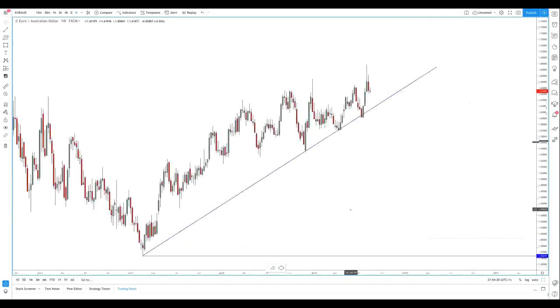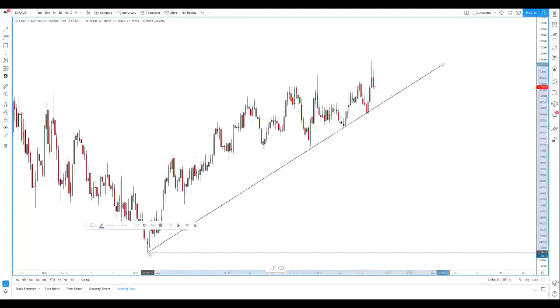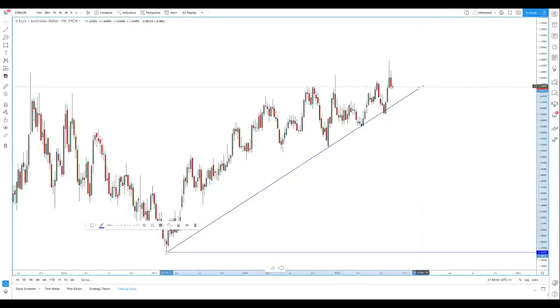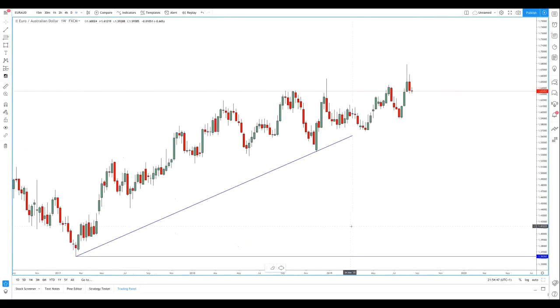From this wick here, down here, you put it on the wick, and then we'd go across and see where this goes to. So you can see at one point in time, price came here, made a point, and changed the direction of the trend.